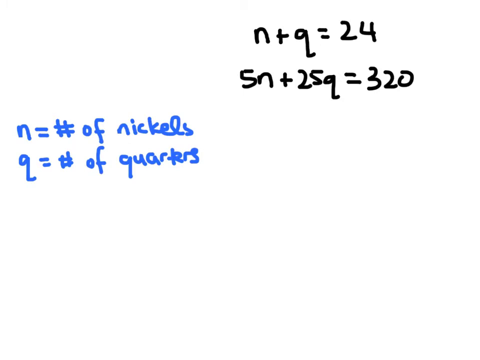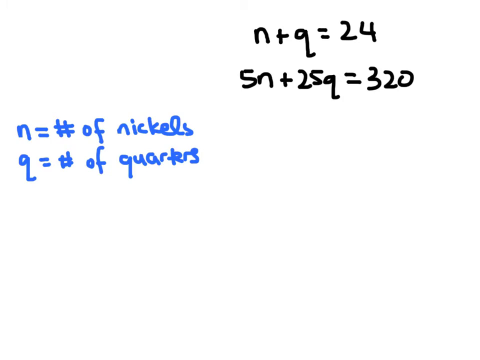So in order to get our system of equations, we use the chart to help us set them up. But I would like to point out that we don't necessarily need the chart to help us set up a system of equations. As long as you are defining what quantities your variables represent, you don't really need the chart if you understand how the problem works.